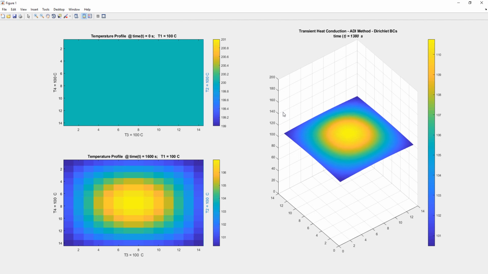So the sweep alternates, and that is why this is called ADI, or alternate direction implicit method. Okay, now it has stopped running. We'll go back to our PowerPoint.